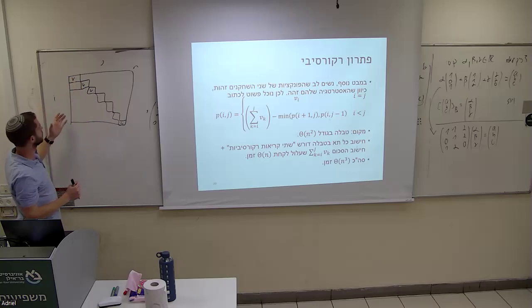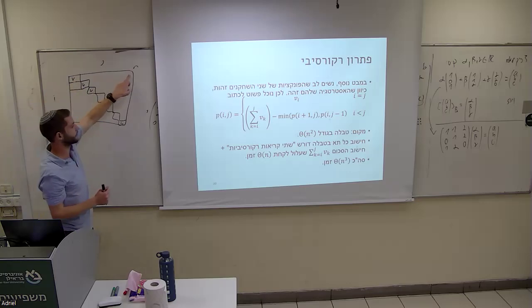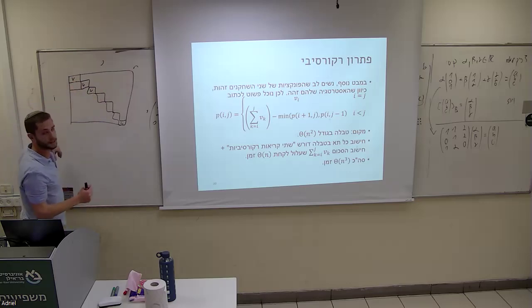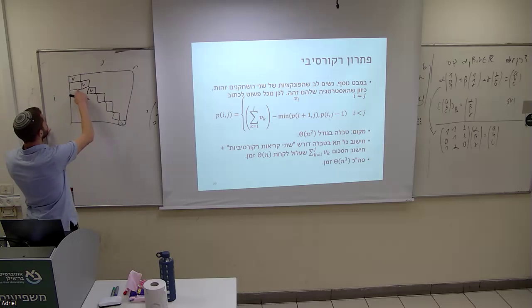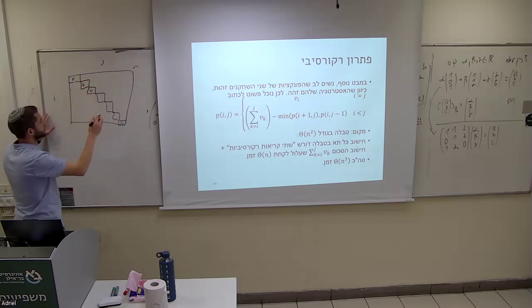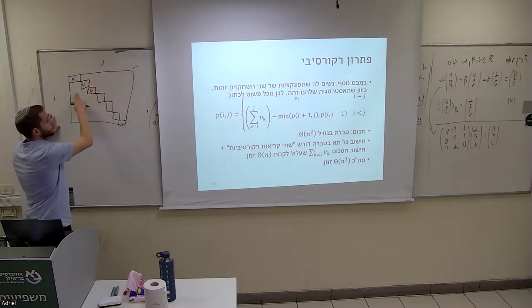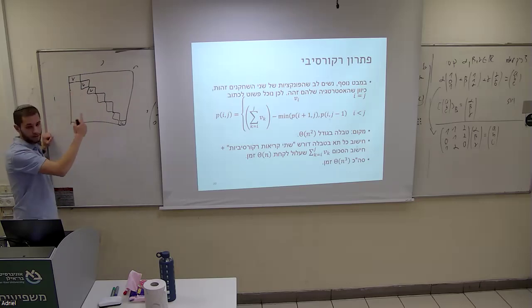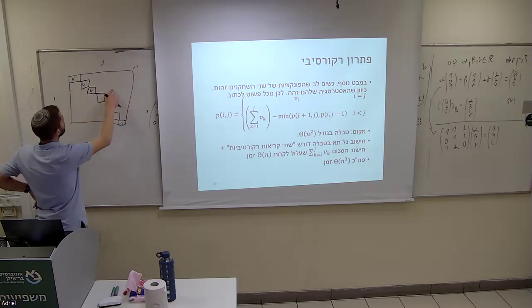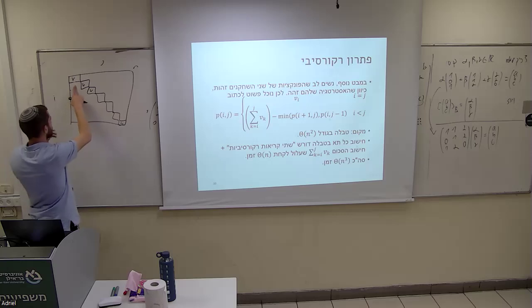Because P of i plus 1, it's supposed to be from 0 to n for j. And for i, it should be the other way around. So, because j minus 1. Oh, wait a minute. Actually, this is okay. We're just going to solve it. Because i has to be smaller than j, right? So if i is smaller than j, we only need half of it, right? We need one half or the other half. So if i is smaller than j, that's this half.